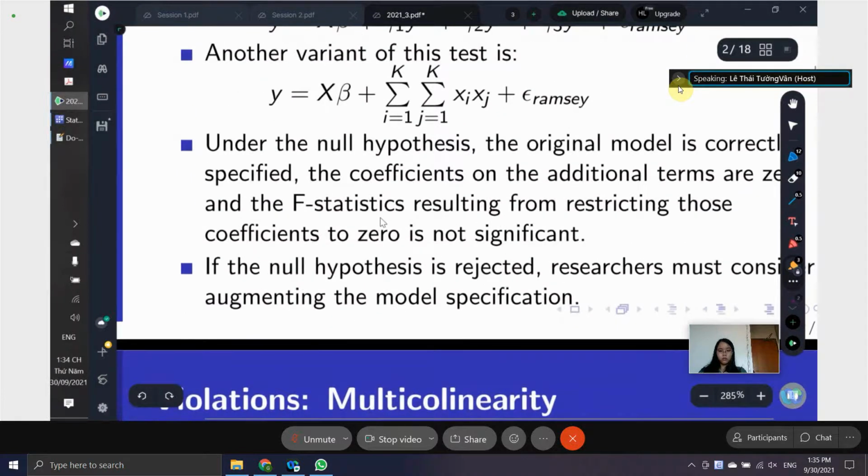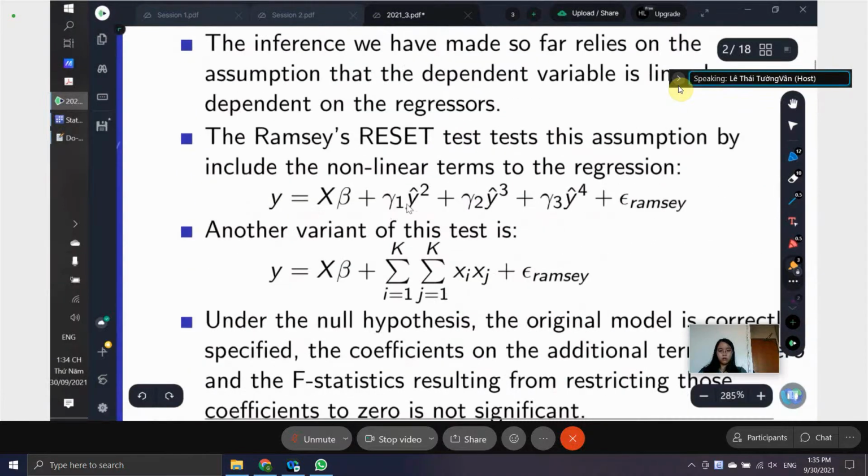Then you test for the null hypothesis that gamma 1, gamma 2, and gamma 3 are simultaneously 0.